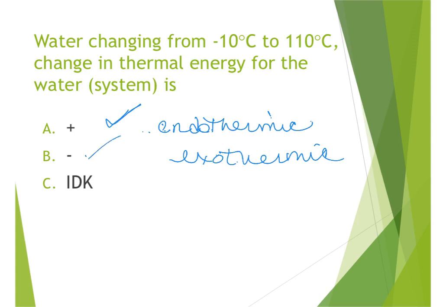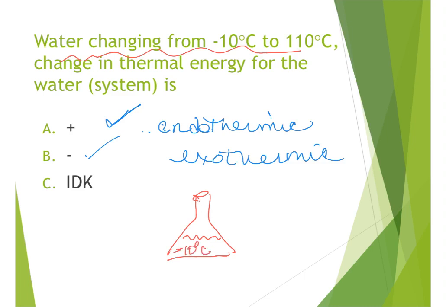Alrighty. So let's look at this carefully. Water is changing from -10 to 110. So here we have water. Here's my Erlenmeyer flask, okay? And it's going from a minus 10 degrees, which is really cold, right?